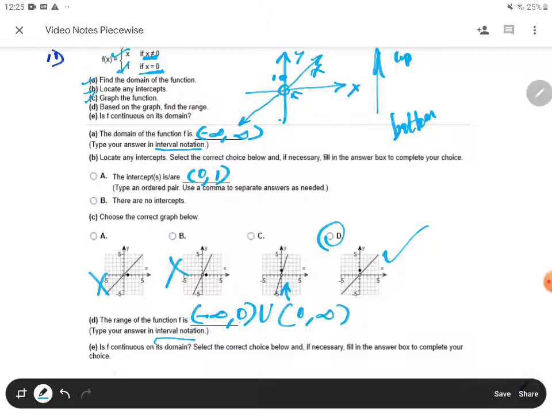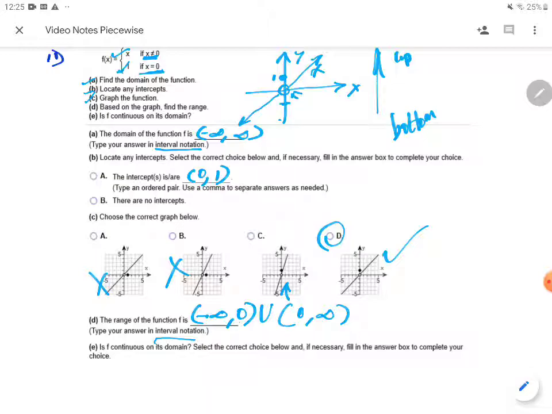The last part is, is f continuous on its domain? Select the correct choice below, and if necessary, fill the answer box to complete your choice. I couldn't capture the last part of the question here, but that's okay. Here it is not continuous in its domain because definitely for the first function it is getting a break here, right, at x equal to 0.